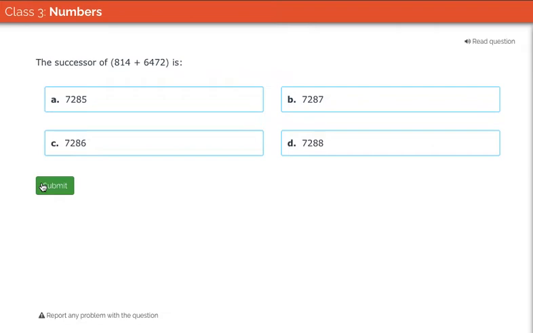Now the successor is just one number more. The number that we got is 7,286. So now we just add one to it.